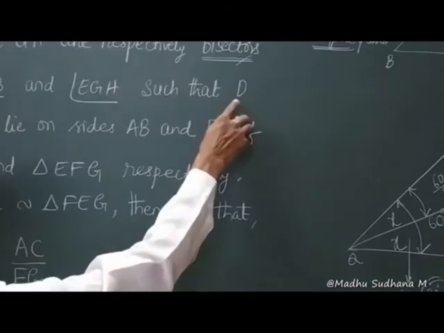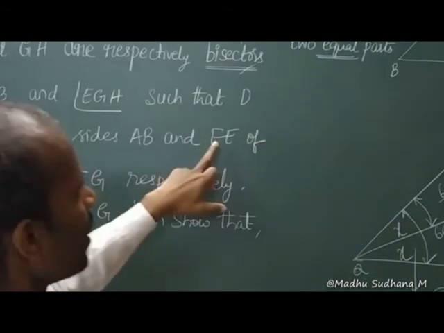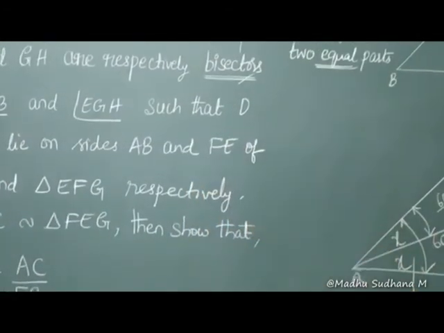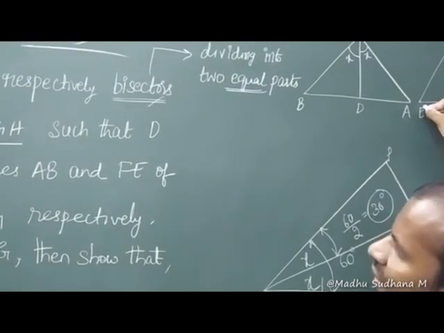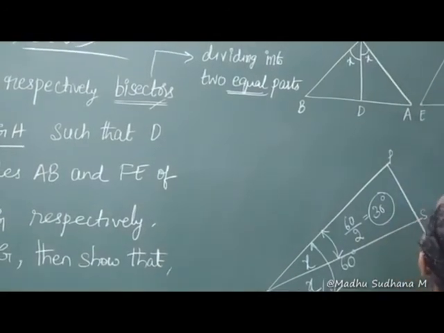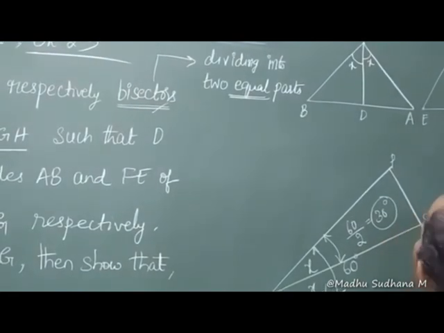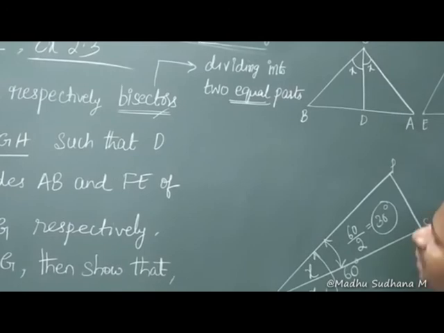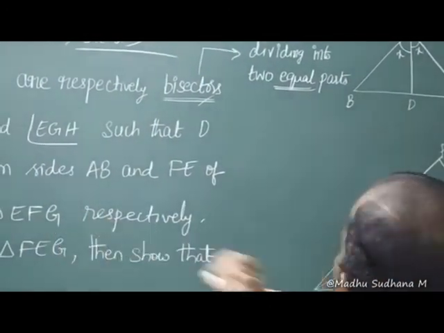So D is lying on AB here, and H lying on side FE. So this is F and this is E, and we have H lying somewhere. So let me write, this is H here. EGH, such that EFG is a triangle.